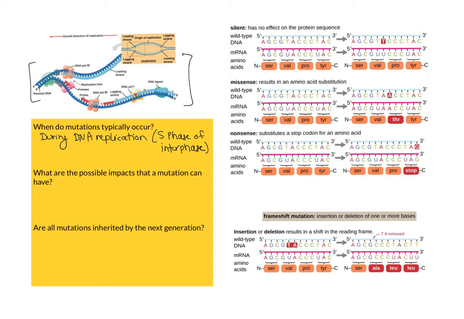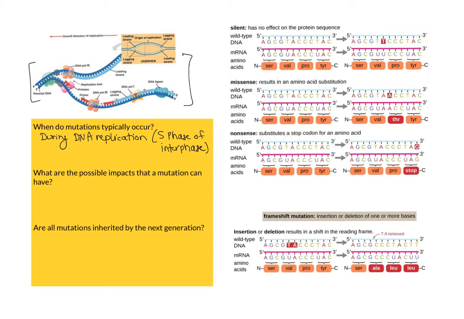Now, there are a couple of different types of mutations. Actually, there are lots of different types, but I'm going to go through some of the major types that we need to be familiar with and the impacts that a mutation can have. Because if you remember, DNA is connected to proteins through the processes of transcription and translation.